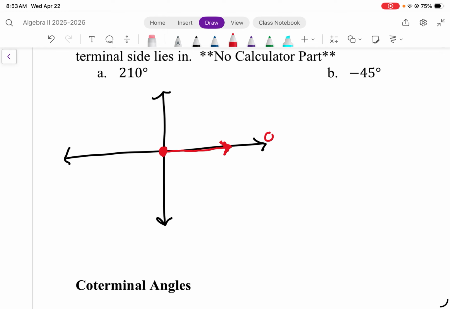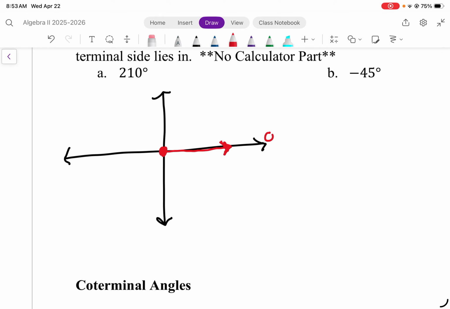And if we're talking about degrees, when we go between two of the axes, that's going to be equal to 90 degrees. So that gives us 0 degrees, 90, 180, 270, and then 360 if we go all the way around. So this one we need to go 210 degrees. So I know that's going to be more than 180.